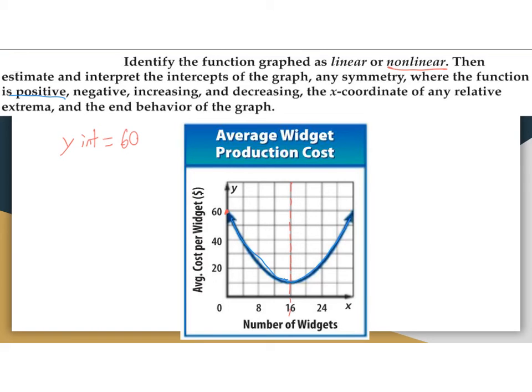When it is increasing, we see here, it's increasing, and then it's decreasing on the left side of the line of symmetry. The x-coordinate of any relative extrema, we see here, the x-coordinate is 16.